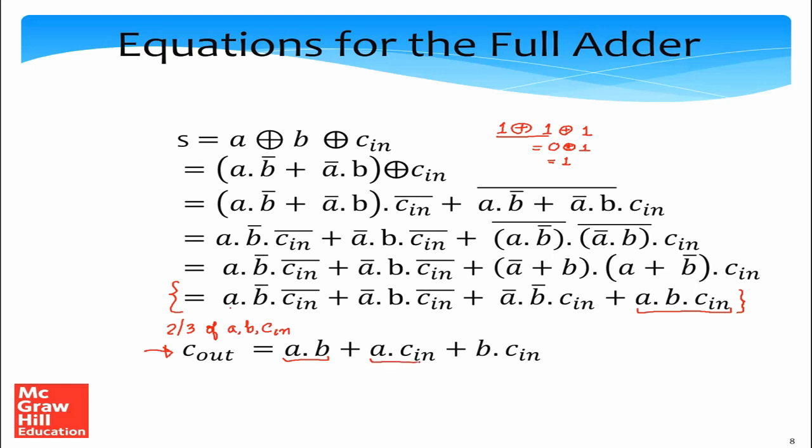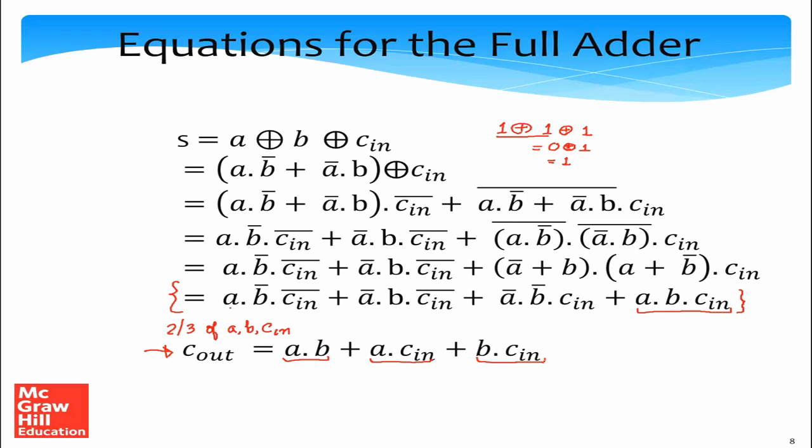If A and carry in are true, then this expression will be true. So essentially, if any two of these three bits are true, at least one of the conditions here should be true, and thus carry out will be equal to 1. Otherwise, carry out will be equal to 0.